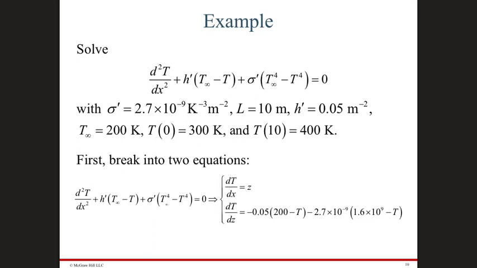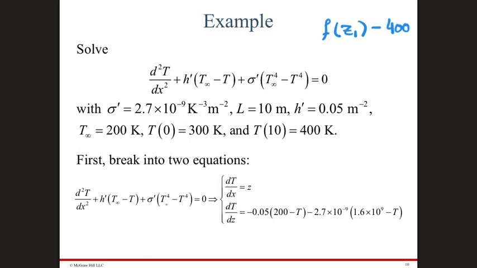So I take the equation that results from the initial guess, call it, for example, f of my initial guess z1, or t1. Then I subtract from that the desired final condition. Let's say the boundary condition says that the temperature should be 400 Kelvin at the end.